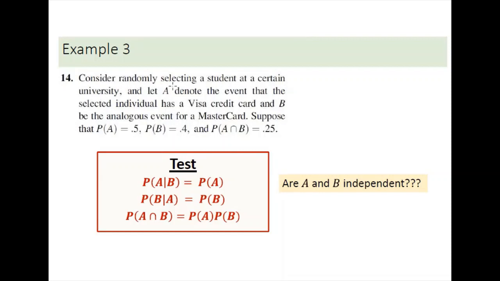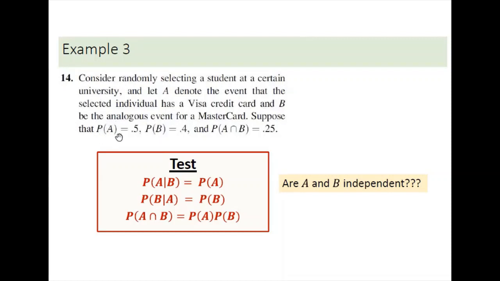Consider randomly selecting a student at a certain university, and let A denote the event that the selected individual has a Visa credit card, and B is the event that the individual has a MasterCard.